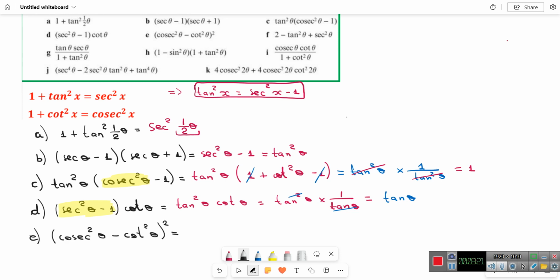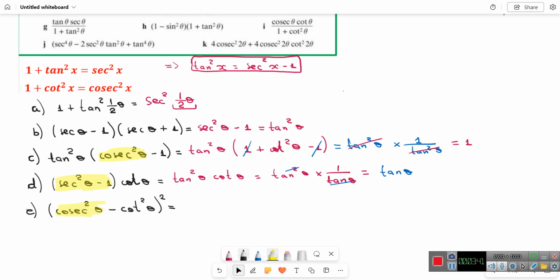I can rewrite cosec squared as 1 plus cot squared, so 1 plus cot squared of theta minus cot squared of theta, everything squared. Now I can cancel this down, so it's 1 squared, which is equal to 1.